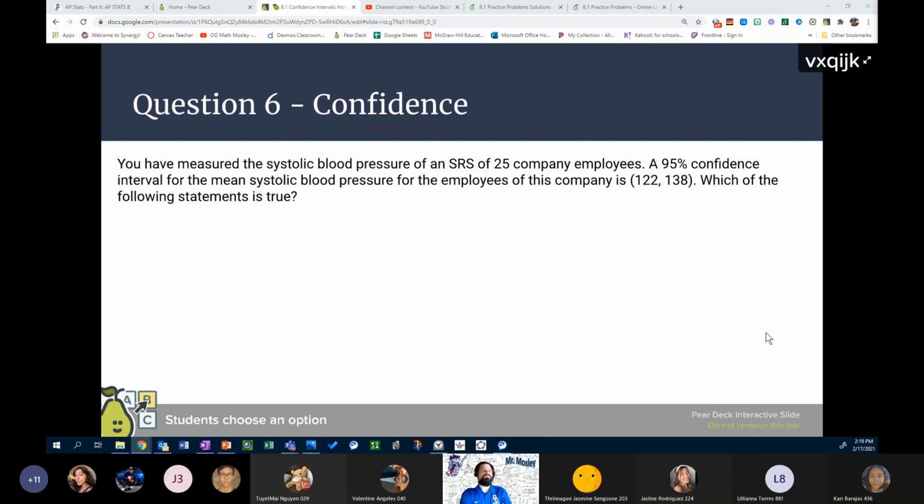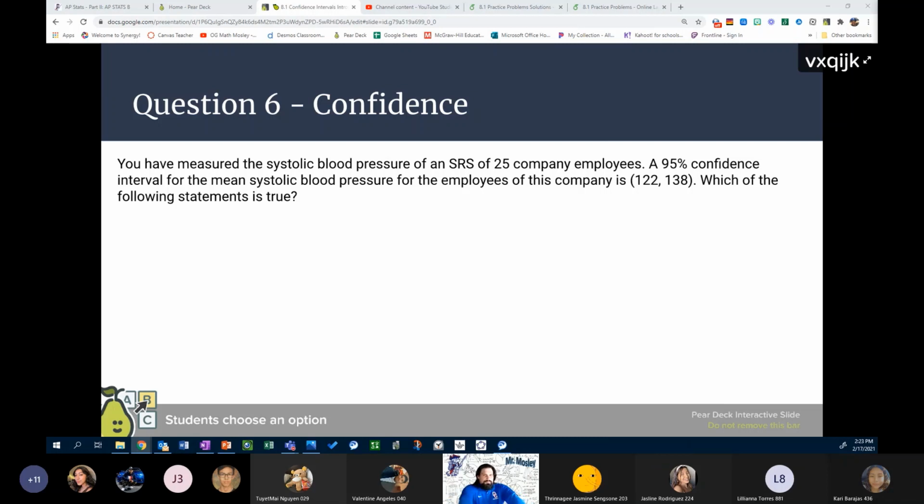That's the interval. Which of the following statements is true? Read the 5 possibilities carefully. One of them is correct. The other ones have some of the right information, but not using the right verbiage or not in the right order. So read carefully.